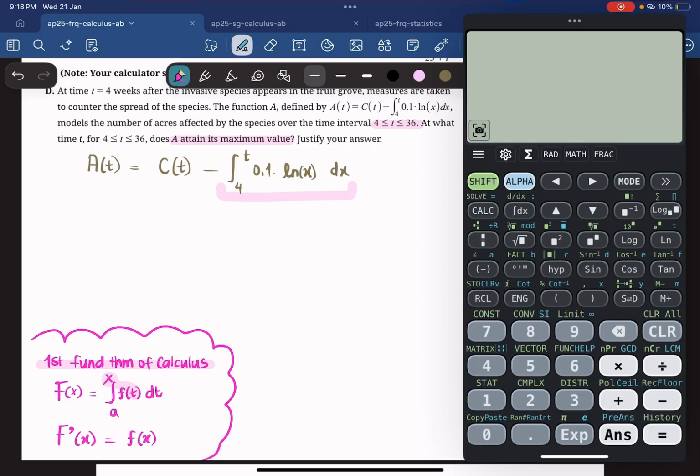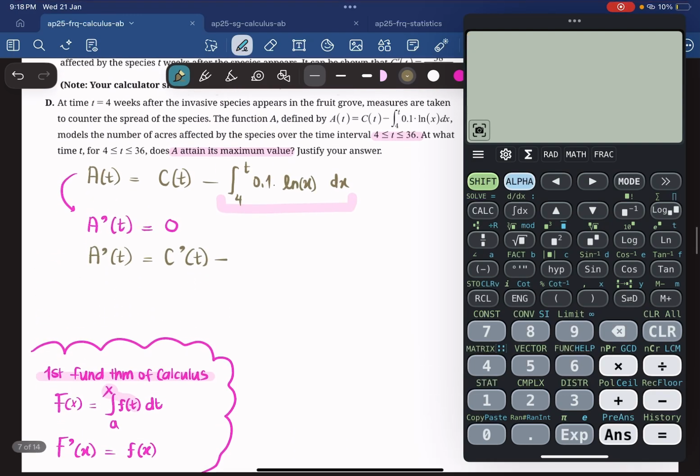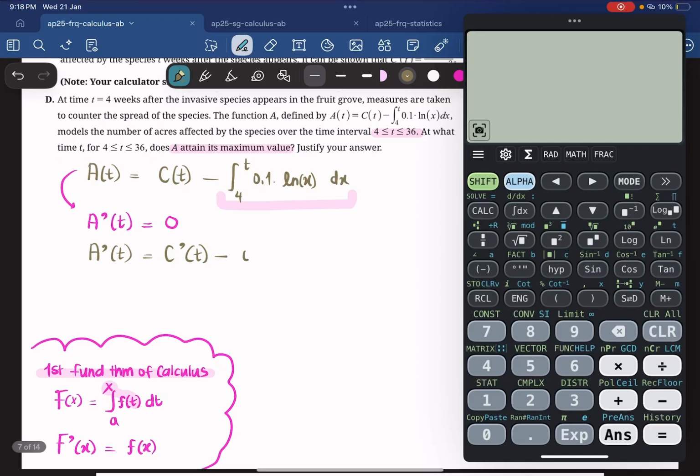So in order to get the maximum value, we have to set A prime of t equal to 0, right? So we have to differentiate A of t. A prime of t is equal to C prime of t minus, by the first fundamental theorem of calculus, 0.1 ln t.